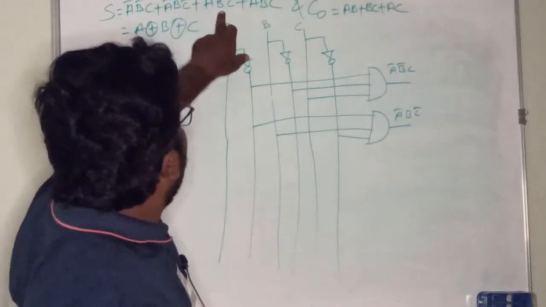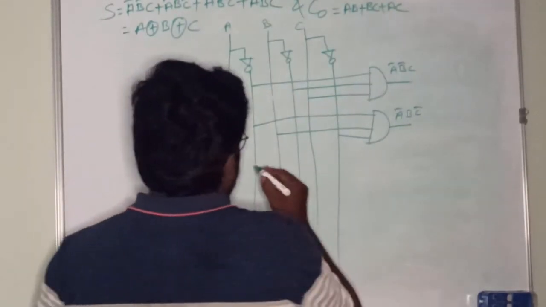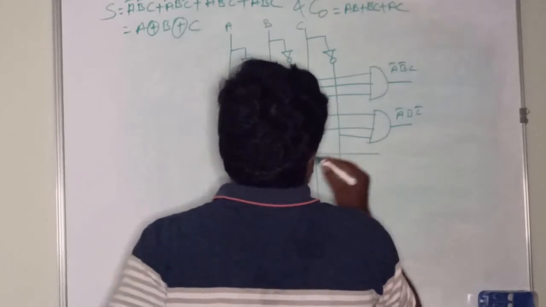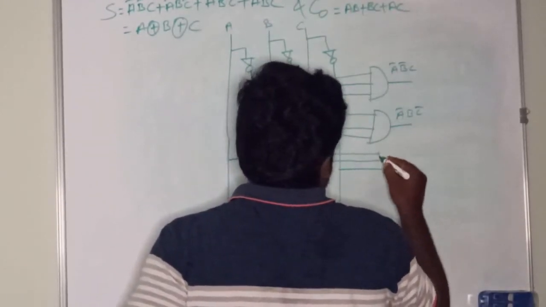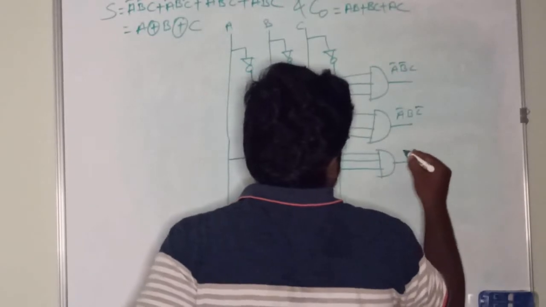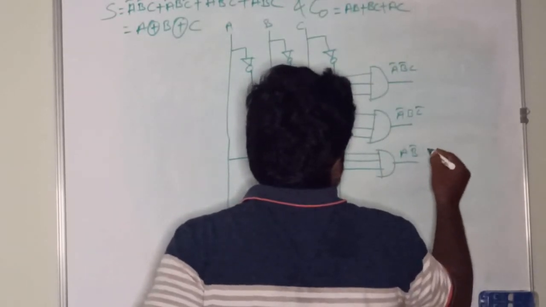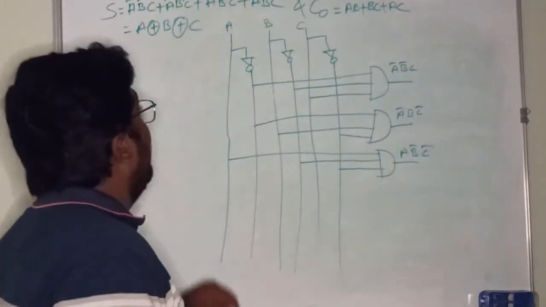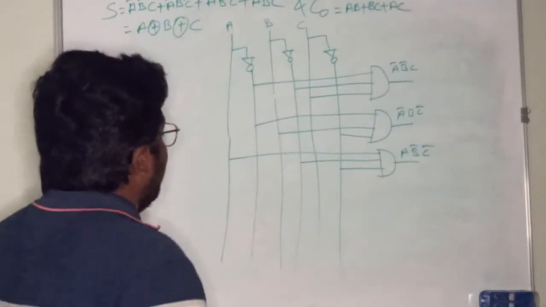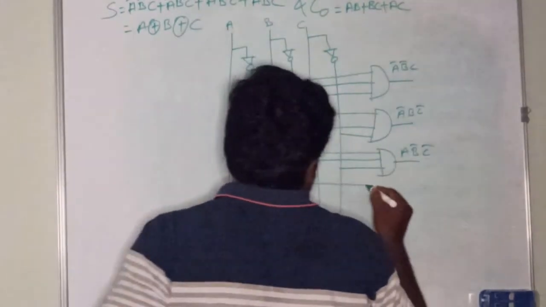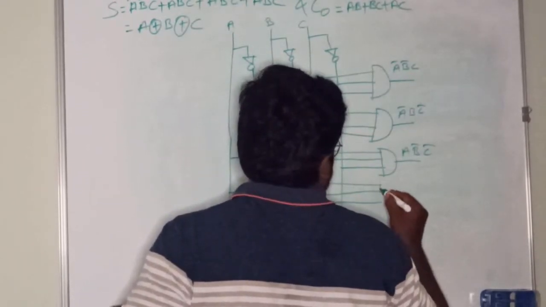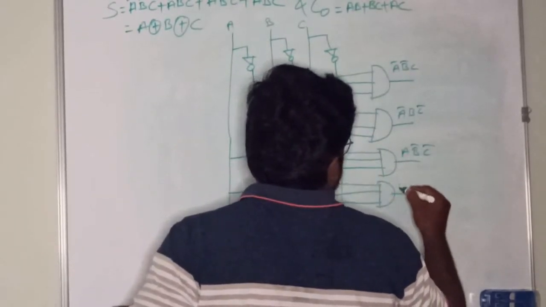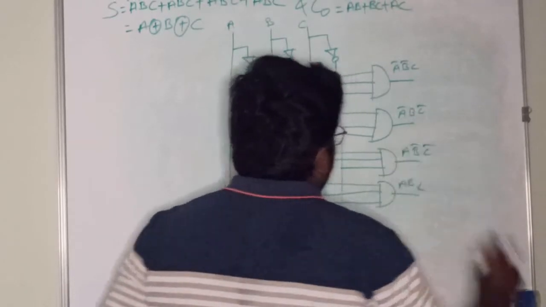Next one is A, B complement, C complement. So A, B complement and C complement forms one AND gate. Next one is A, B, C. This is ABC.